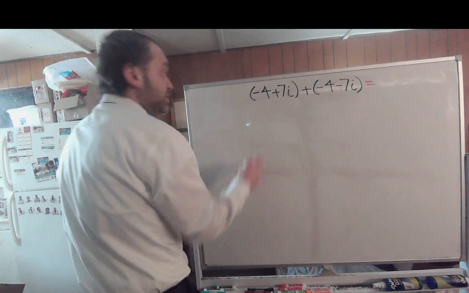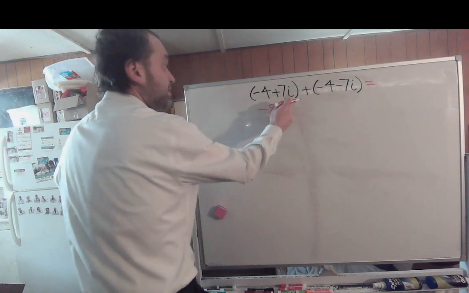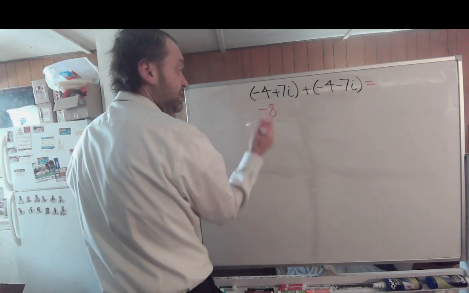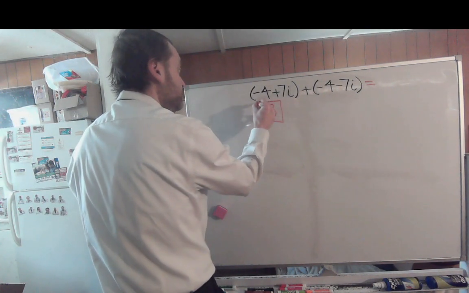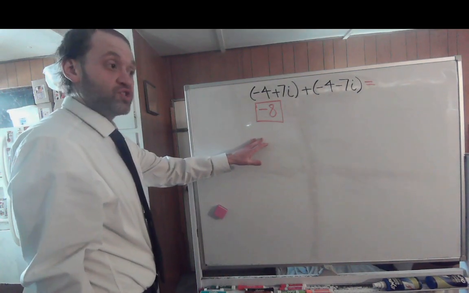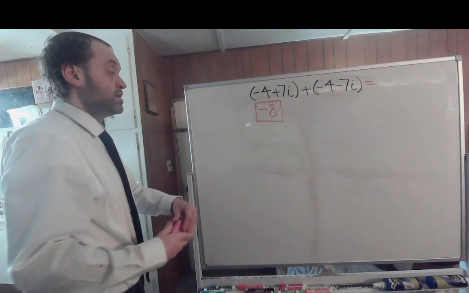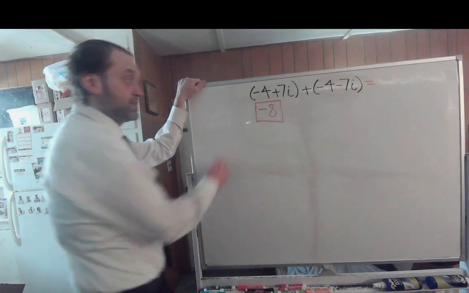Well, add your like terms. Negative 4 plus negative 4 would give you negative 8. 7i, this would turn into minus 7i, that's 0. So you literally would just get negative 8. Another example of how imaginary numbers can have implications in the real number system. So you just get negative 8 for your answer.